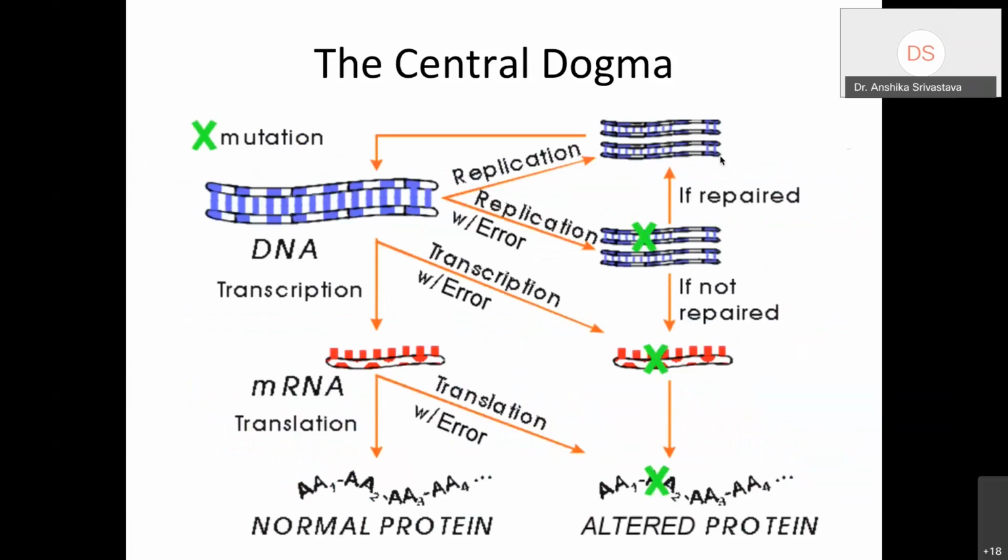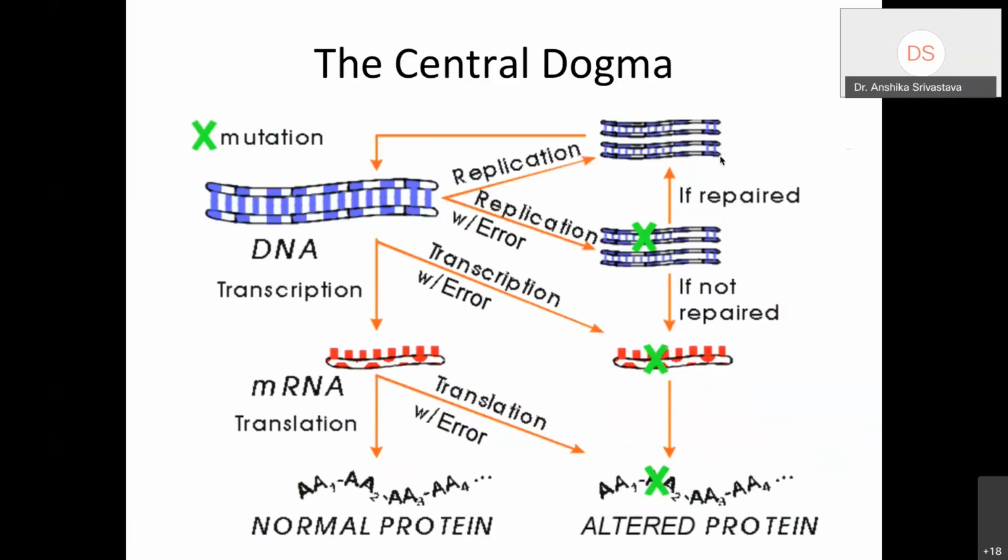But if it is not repaired, then your replication will occur with error, followed by your transcription with error, and then followed by your translation with error, and then you get an altered protein. And this altered protein, in terms of genetics, could have some loss of function, gain of function, or nonsense mediated decay. So it can undergo any of these genetic mechanisms.